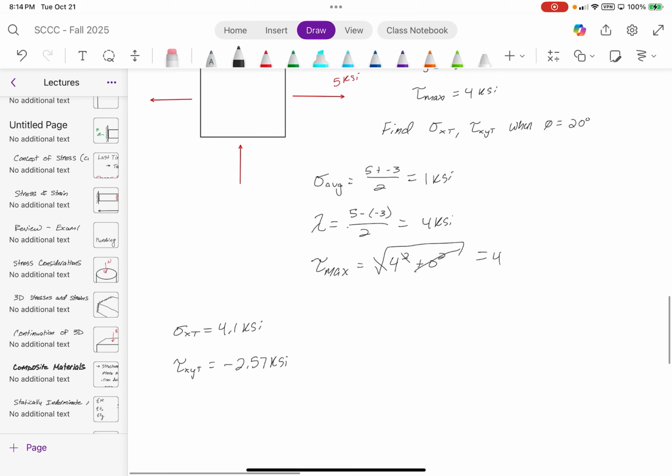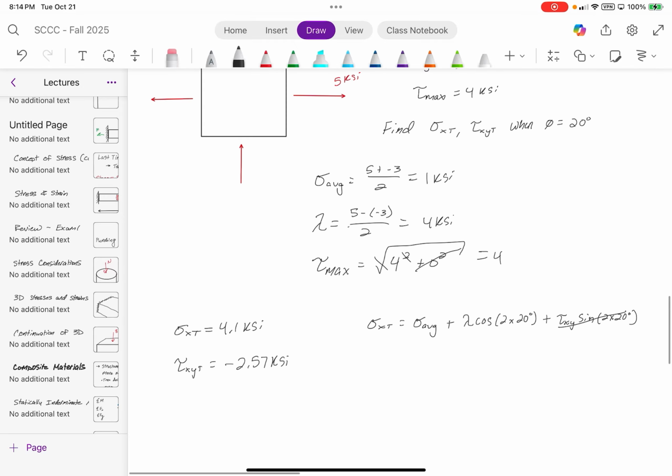The way that you get that is just by using those really long equations. Sigma xt is equal to sigma average minus plus lambda cosine of 2 times 20 degrees plus tau xy sine of 2 times 20 degrees, but tau xy is 0.